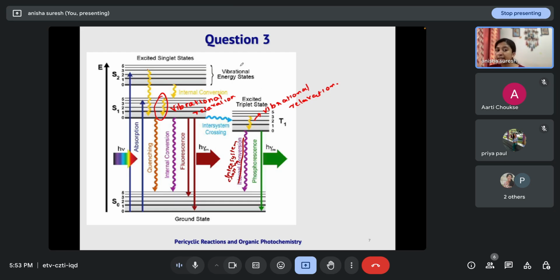If a higher level like T2 is given and a radiative process takes place from it, that is also an example of fluorescence. So problems based on the Jablonski diagram can be asked if introductory organic photochemistry questions come up; the Jablonski diagram is important.